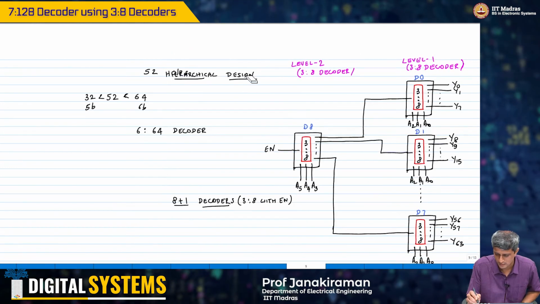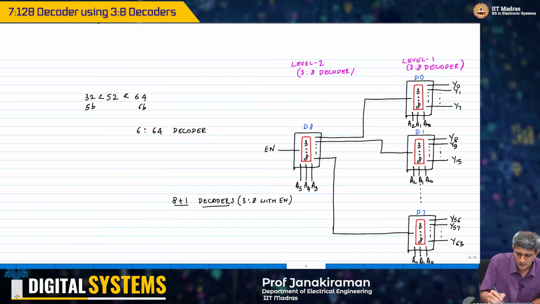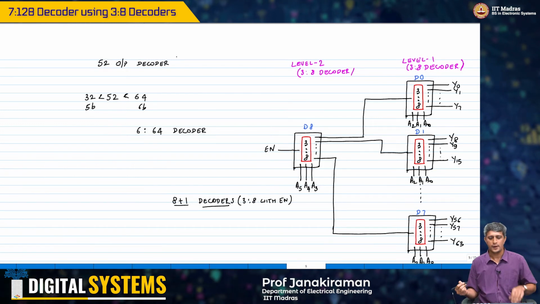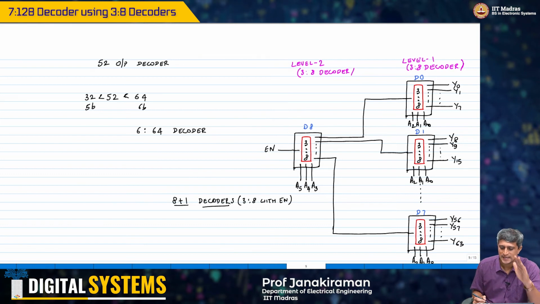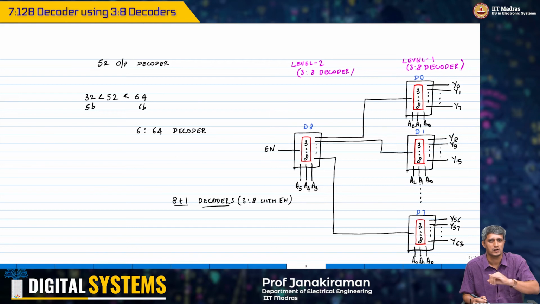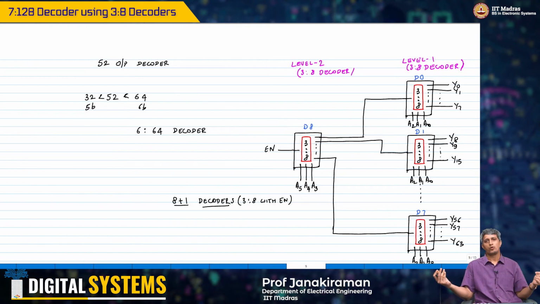What I want is a 52 output. So, therefore, I need a 6:64 decoder. So, I need bits A5, A4, A3, A2, A1, A0. 6 bits I need.